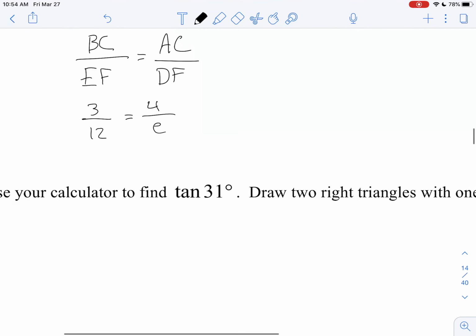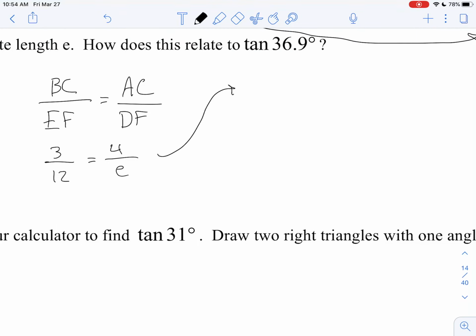Once again, we have this unknown in the denominator, so I'm going to move that into the numerator so I can solve it. I've got E over 4 equals 12 over 3. I flipped both my fractions upside down.